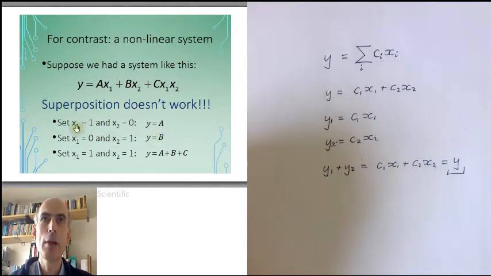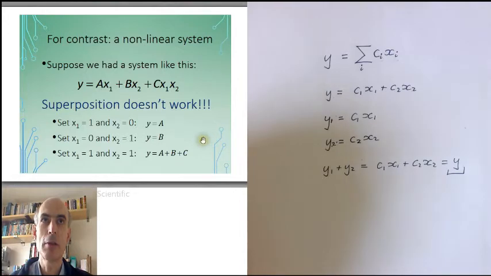However, if we let x1 be 1 and x2 be 1 at the same time, then the output would be a times 1, a, plus b times 1, b, plus c times 1, c. So the sum of the two outputs when only one of the inputs is not 0 is not equal to the total output when both of the inputs are not 0.